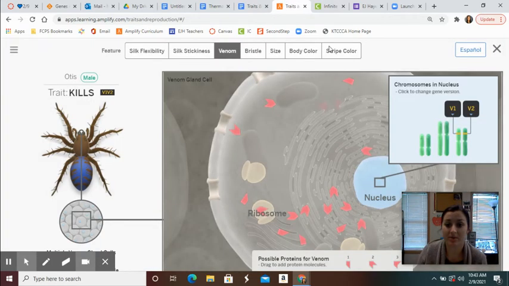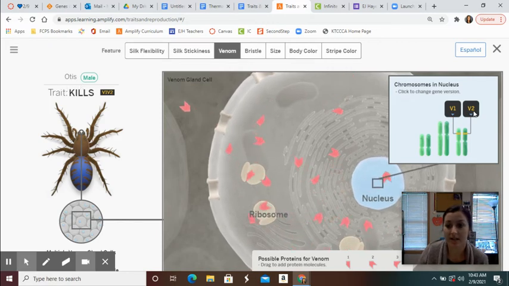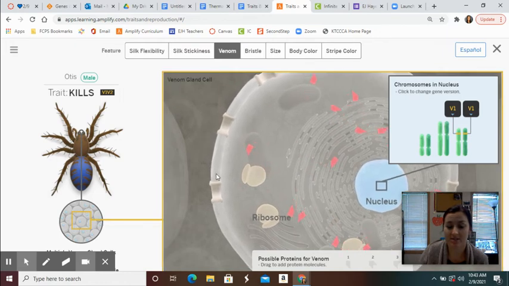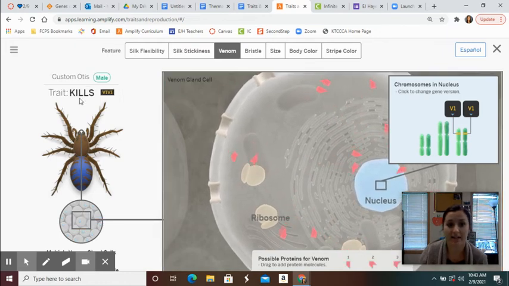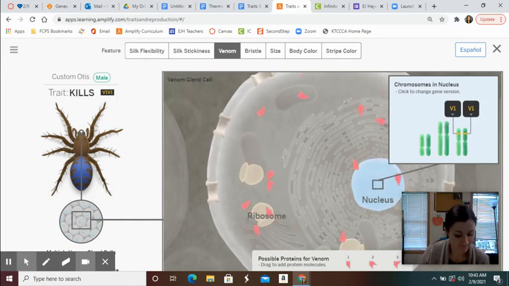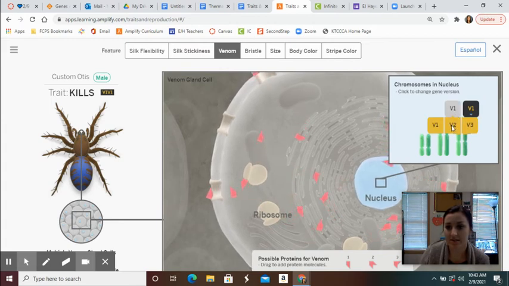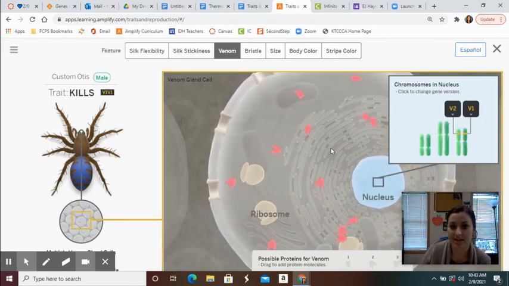So example, if I want Otis to have two of the same, I could change the gene versions up here and notice how those proteins will change. And it does not change its trait. And then you could change it to other ones and see. So that is one way.